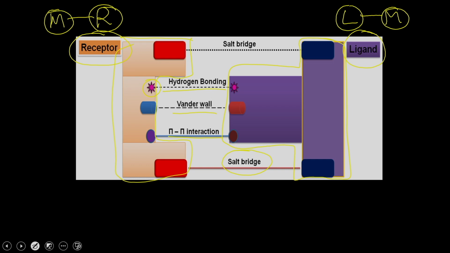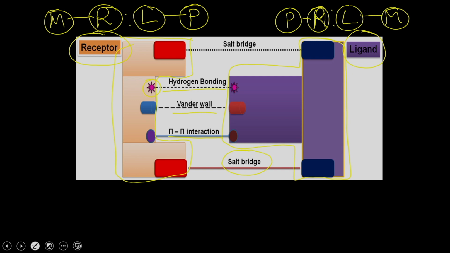If you couple the receptor to the matrix, then you are going to purify the protein along with the ligand. Similarly, if you couple the ligand to the matrix, then you are going to purify the protein, the receptor, so that the receptor and ligand are going to make the interactions.